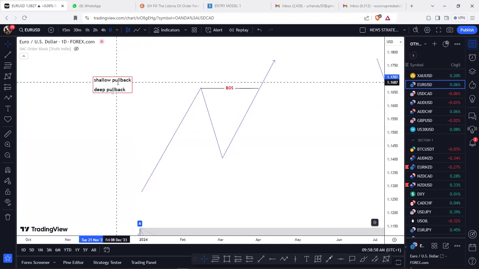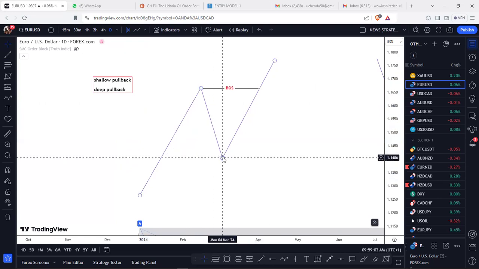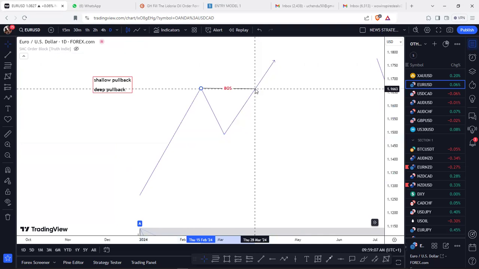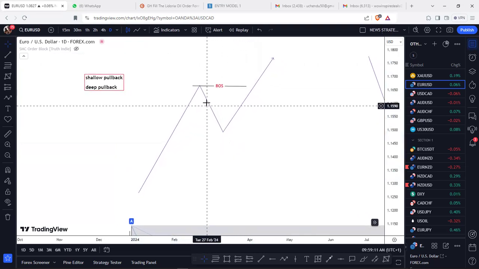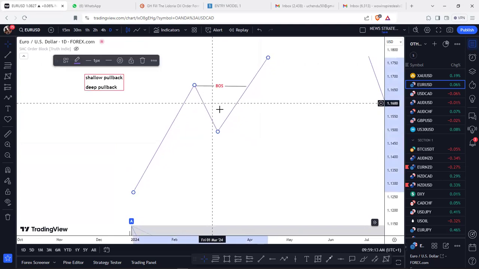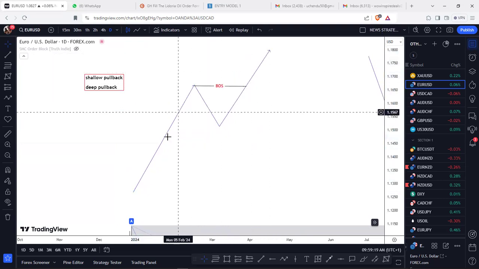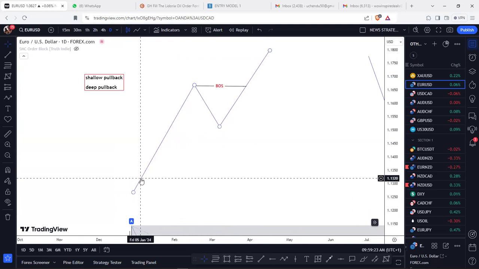Now, for a shallow pullback in a bullish environment, we have a pullback where price breaks structure, and then there still exists unmitigated area below it.